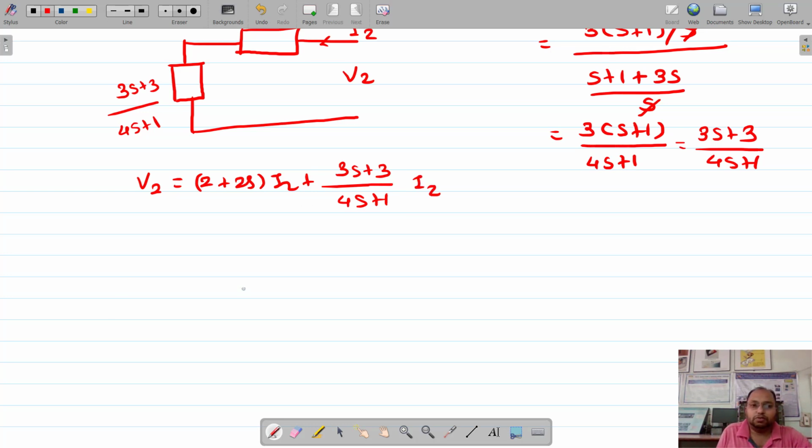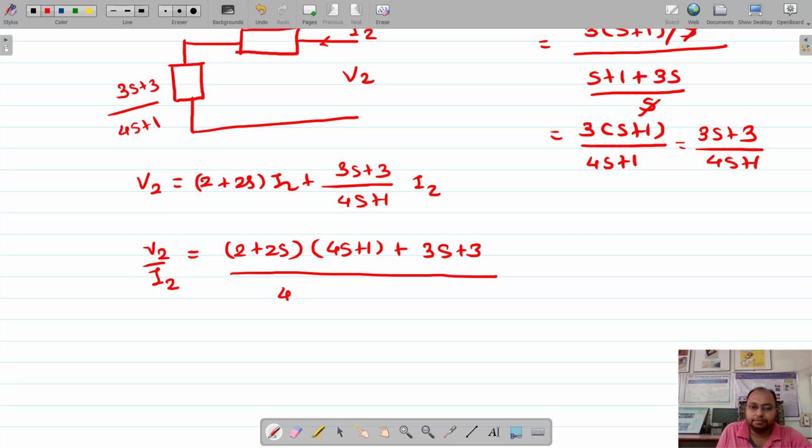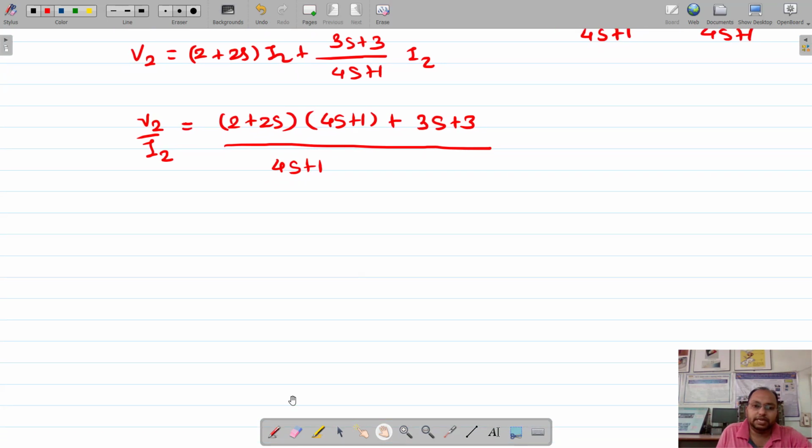Yes, okay, so let us take I2 common and let us transfer to the left hand side. Okay, now we need to do cross multiplication, so (2 plus 2s) multiplied by (4s plus 1) plus (3s plus 3), divided by (4s plus 1). Is that fine? Okay, so let us simplify this term again. Let us multiply by 2 first inside this (4s plus 1) bracket.